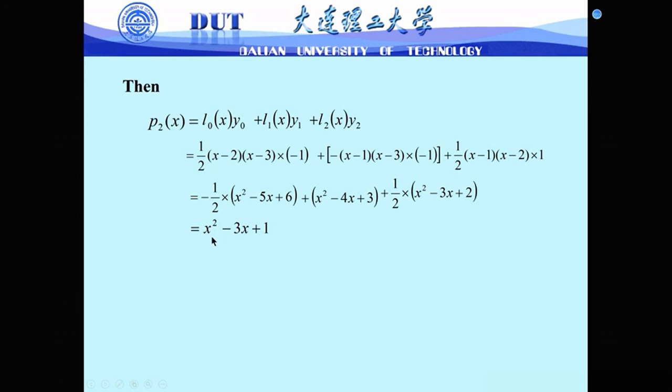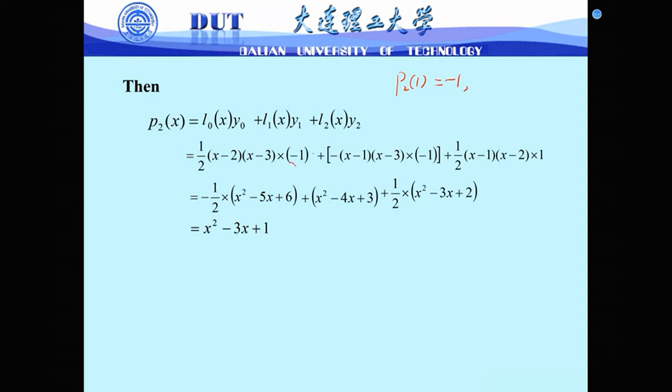Then we obtain P2. Of course, when you obtain P2(x), please check. Let's check P2 at 1. What is the function value? 1 minus 3 plus 1, so it is minus 1, right?